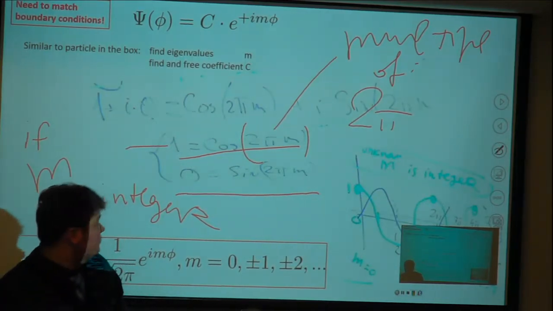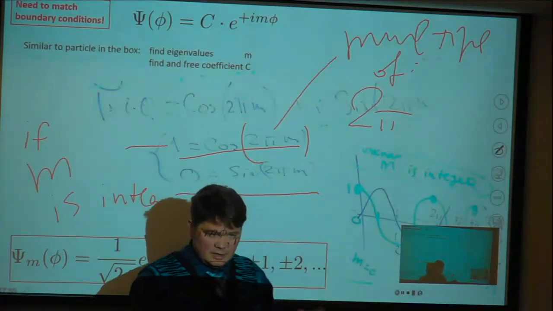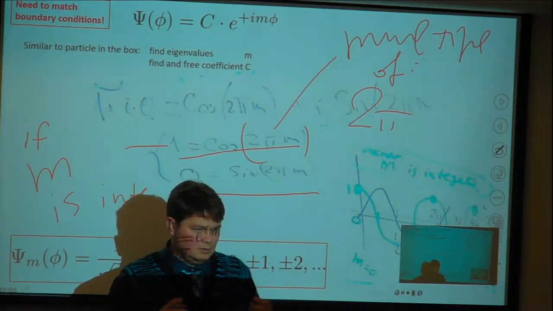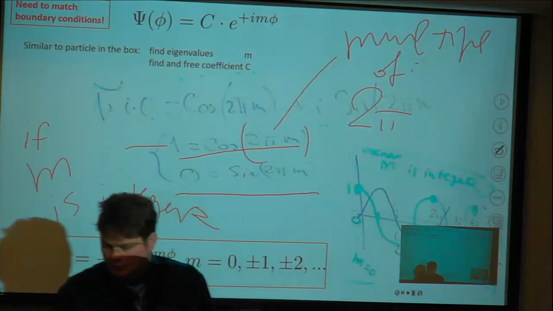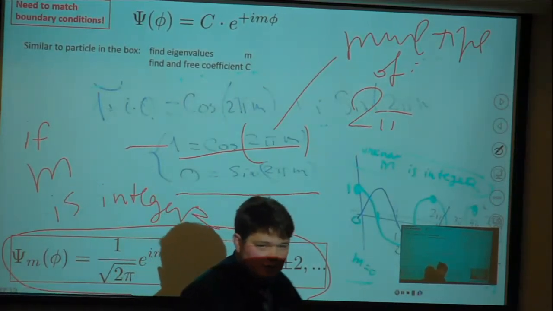Or we can solve it for sine and get the same answer, that m must be an integer, which means 0, 1, or minus 1, 2, or minus 2, right? So here is the wave function for rotations.